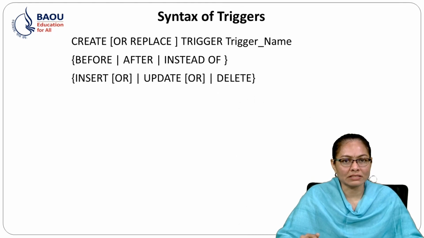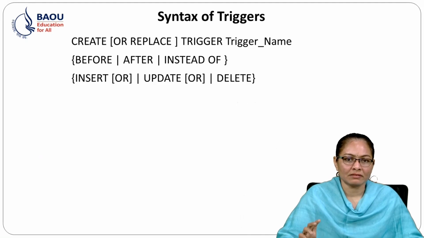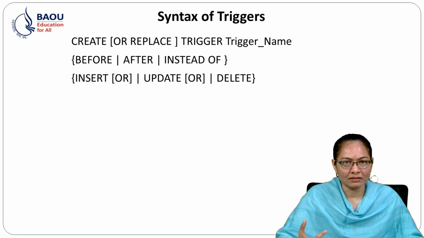Now the next one is insert or update or delete. This operation means there can be more than one triggering event separated by the or keyword. The trigger gets fired at all the specified triggering events. It means when we insert the data into the table, or update the data in the table, or delete the data.